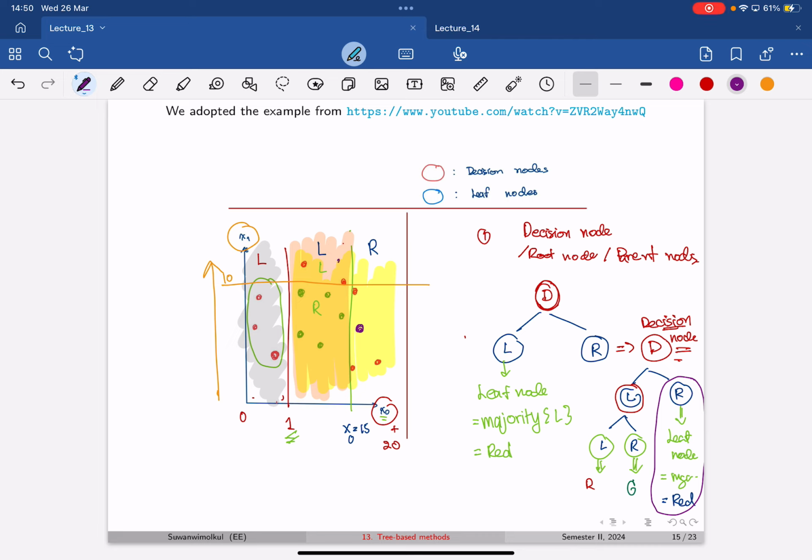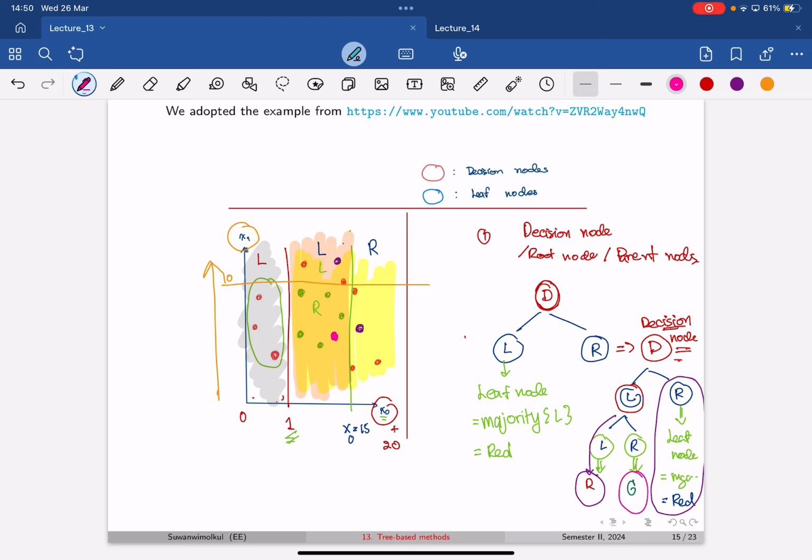Or if it falls into this area, you can still classify it. It belongs to the left, and it should be red. Or if you have another sample that belongs to the middle area here, when you do the classification, if you follow the thresholding that you've done before, then it should be the green class.